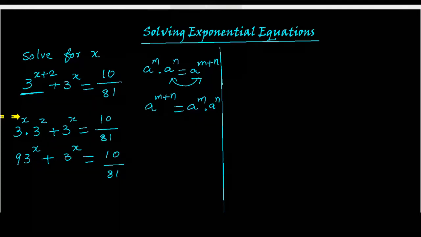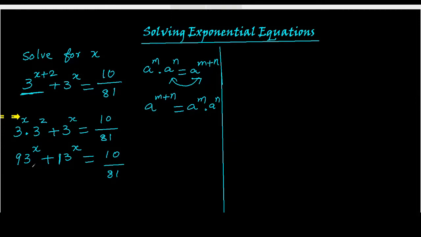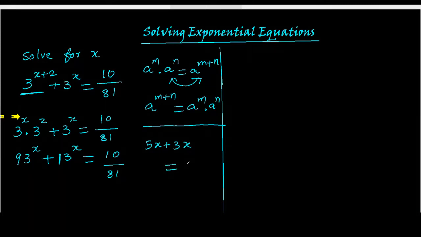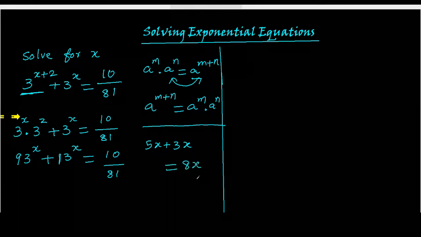Now, if there is no coefficient, it means 1. So 9 times 3 power x plus 1 times 3 power x. There is another algebraic rule: if you have the same variable with different coefficients, like 5x plus 3x, it is equal to 8x. Same like adding numbers, 5 plus 3, 8.